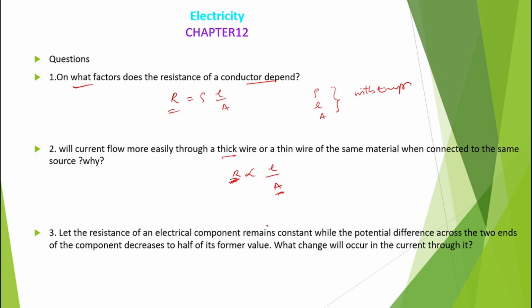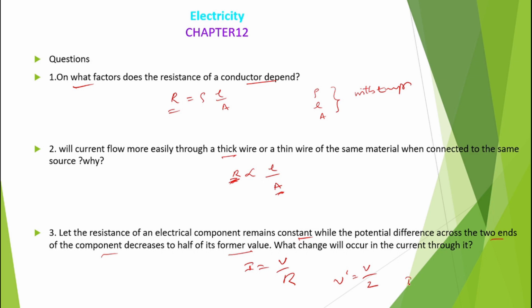Next, let the resistance of the electrical component remain constant while the potential difference across the two ends of the component decreases to half of its former value. What change will occur in the current through it? We know that I is equal to V by R. Suppose V dash is equal to V by 2.